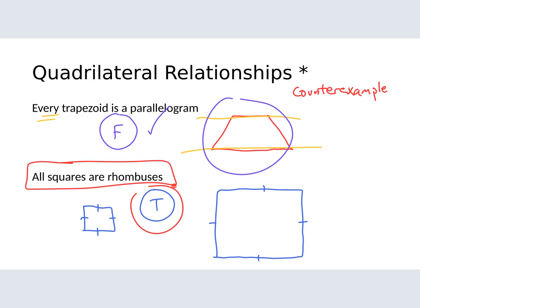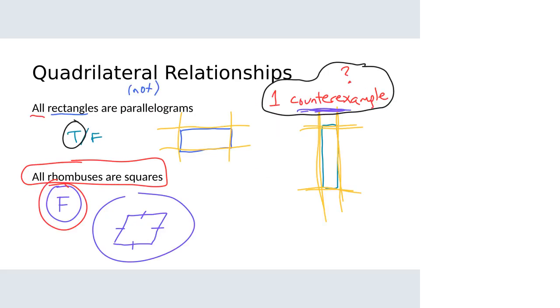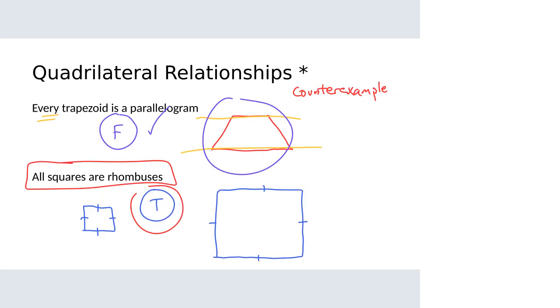Because I could say to you, all Dalmatians are dogs, and that would be true. But if I said all dogs are Dalmatians, that would be false. And so which word is in which spot definitely makes a difference. That's why we wound up with this statement false and this statement true, even though they look very similar to each other.